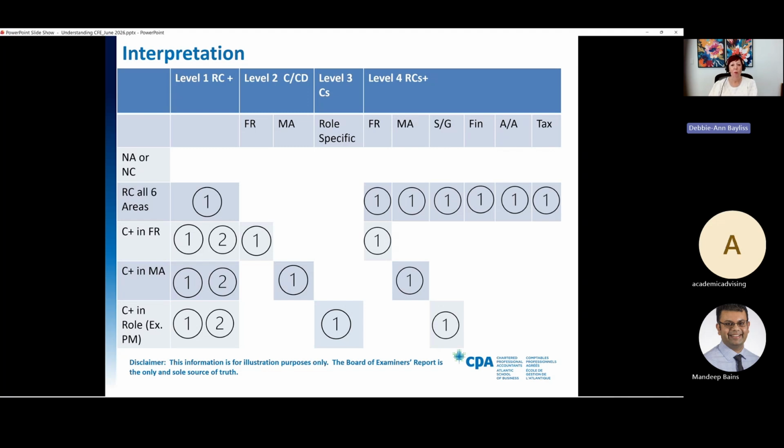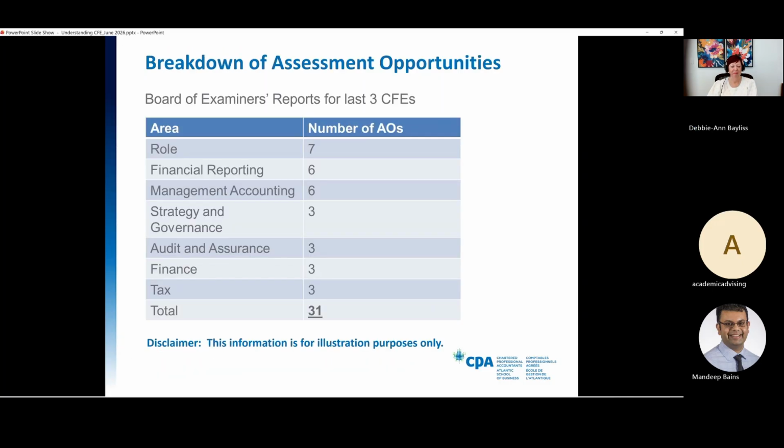So again, I hope the big takeaway here is the power of achieving competent responses. It's going to increase your chances of meeting the undisclosed requirements for level 1, 2, 3, and 4.